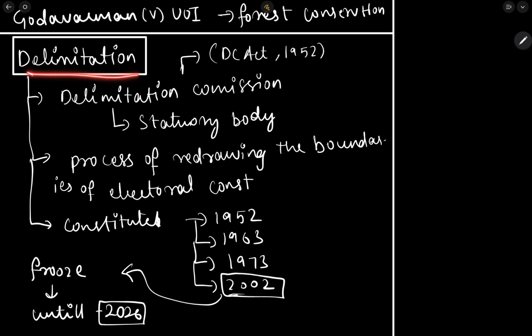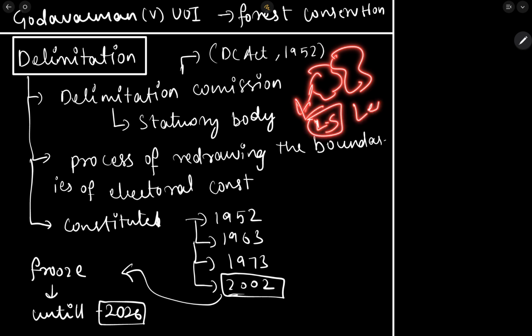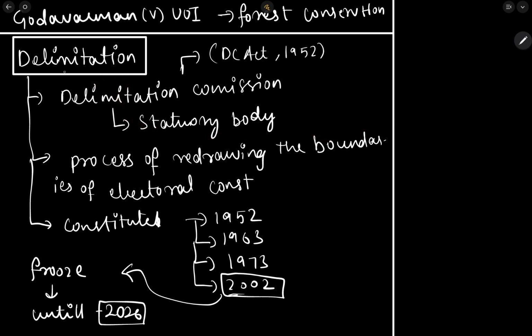Okay, next we have delimitation. Delimitation is the process of redrawing the boundaries of the electoral constituencies in which we vote, whether for the Lok Sabha or the state legislative assembly. It takes care of both. To carry out the process of delimitation, the Government of India has formed a commission named the Delimitation Commission.